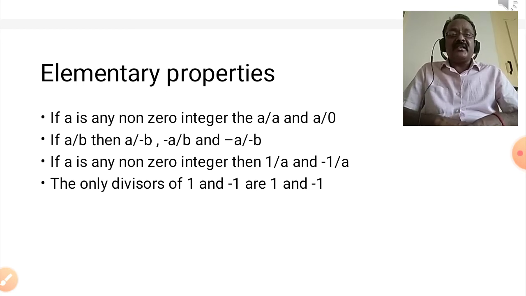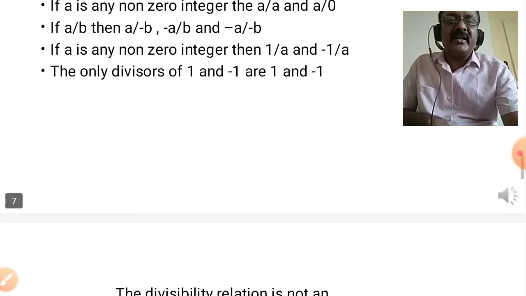Third, if a is a non-zero integer, then 1 divides a and minus 1 also divides a. And the fourth one, the only divisors of 1 are 1 and minus 1. Again, the only divisors of minus 1 are 1 and minus 1. These are all elementary properties. Without the proof, we can accept this; you can just take counter examples.